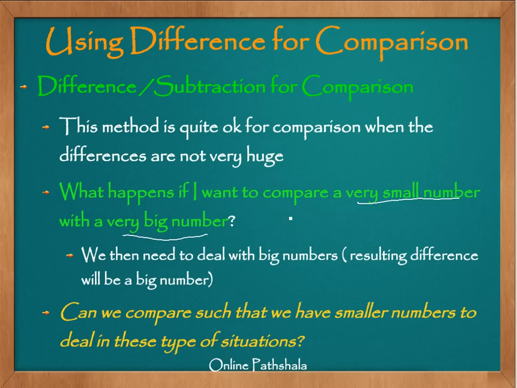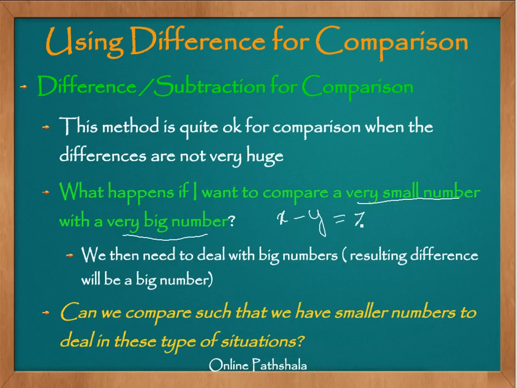In terms of algebra, I want to do x minus y, where x is a very big number. I'm just assuming that we are subtracting a smaller number from a larger number to get positive results. So x is a very, very huge number and y is a small number.